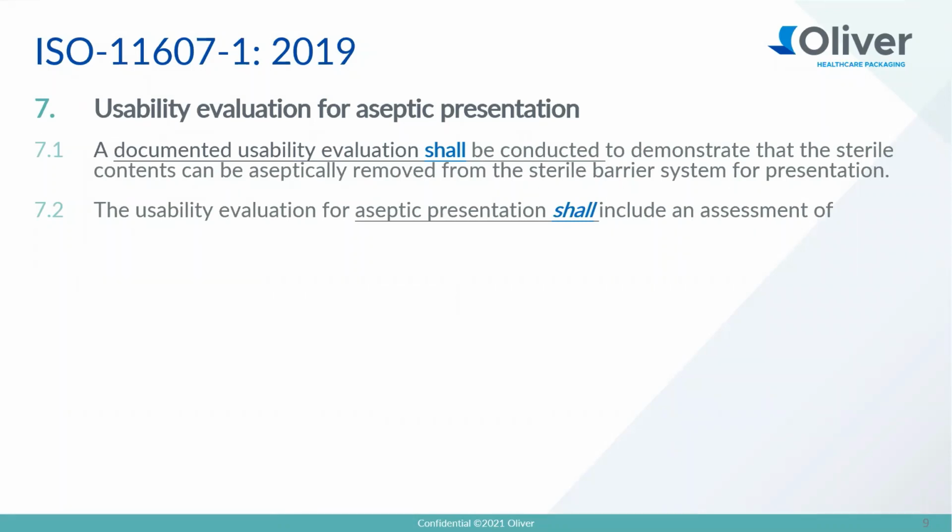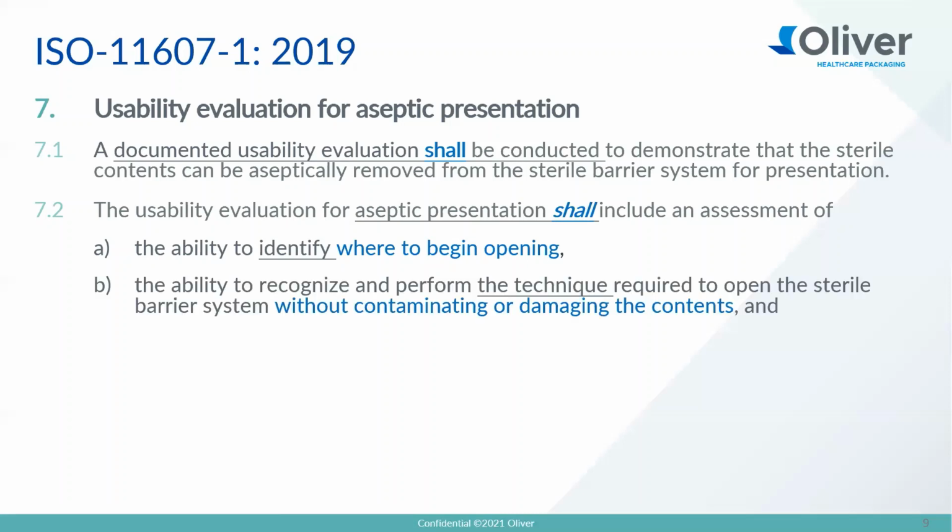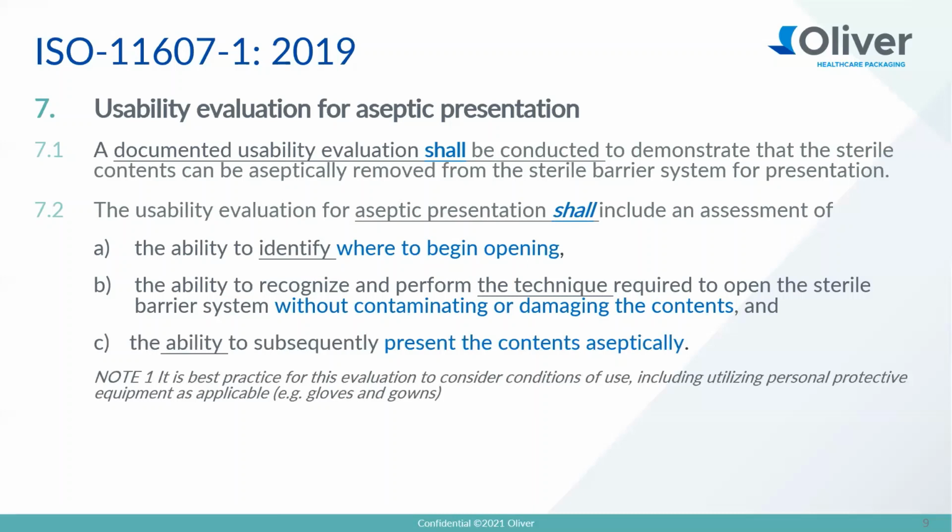They are both shall statements, so we know that any shall statement within ISO 11607 is a requirement that you must do. 7.2 goes on to further identify what that assessment needs to be, and that is identifying where materials begin to open. Also, making sure that the technique is without contamination or damaging of the contents. And then in section C, the ability to present the contents aseptically.